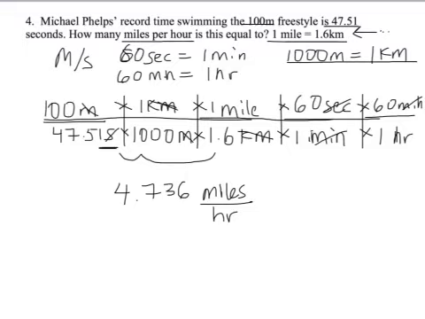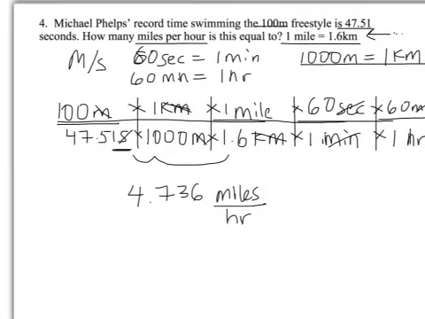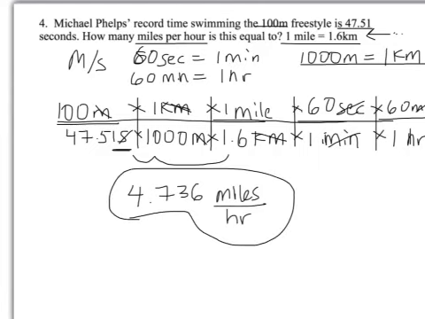So that actually is pretty fast if you think about it. I think that's, if you've ever been on a treadmill, 4.736, that's right around 5 miles per hour. That's a pretty good walk, and considering swimming that fast, that's pretty amazing.